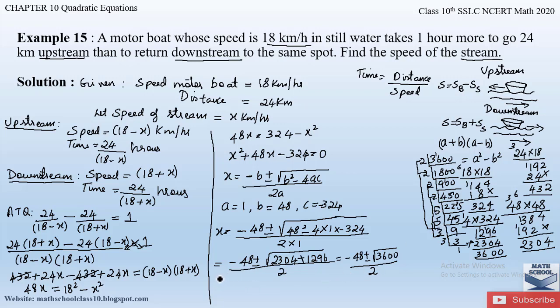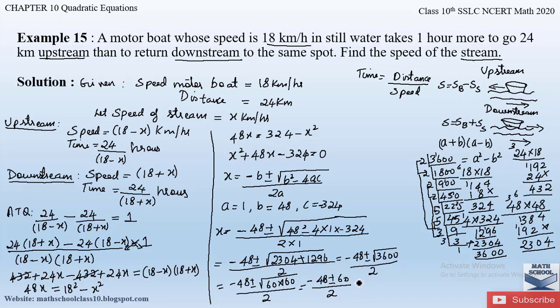So here we will obtain minus 48 plus or minus square root of 60 into 60 divided by 2. So we have got the pair of similar numbers. So this number comes out of the square root. So we will have minus 48 plus or minus 60 divided by 2.